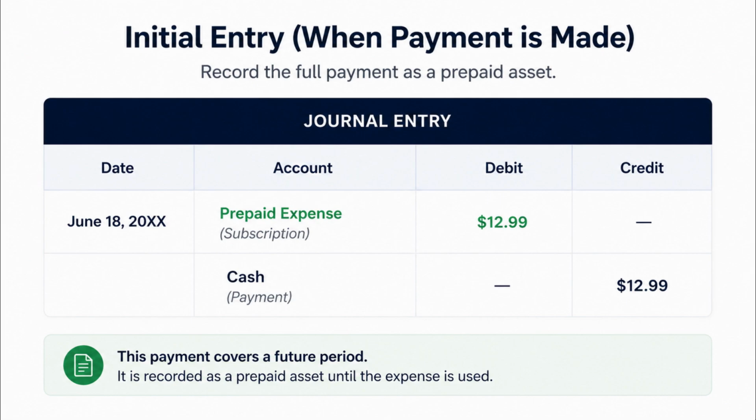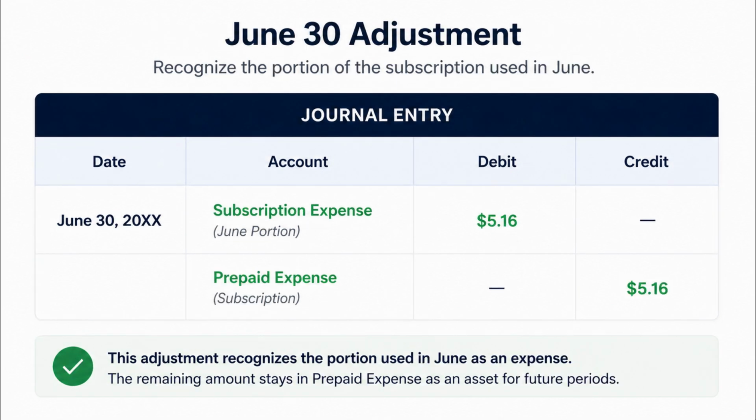So at the moment of payment, you're going to debit your prepaid expense account for $12.99, and you're going to credit your cash for the same amount of $12.99. The entire amount starts as an asset. At month end, you recognize what was used.